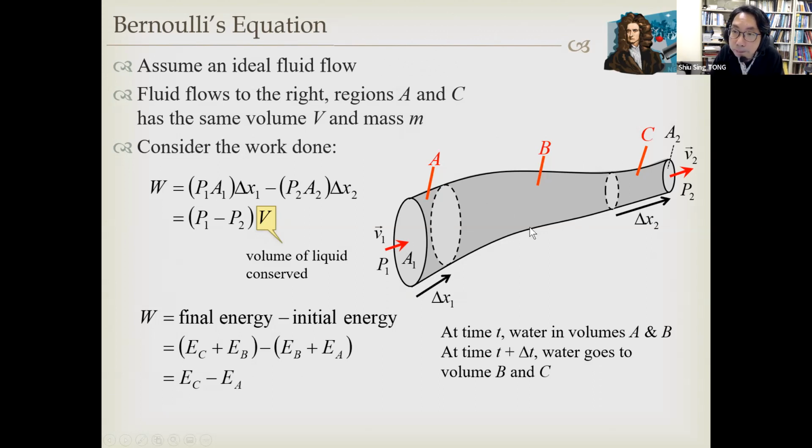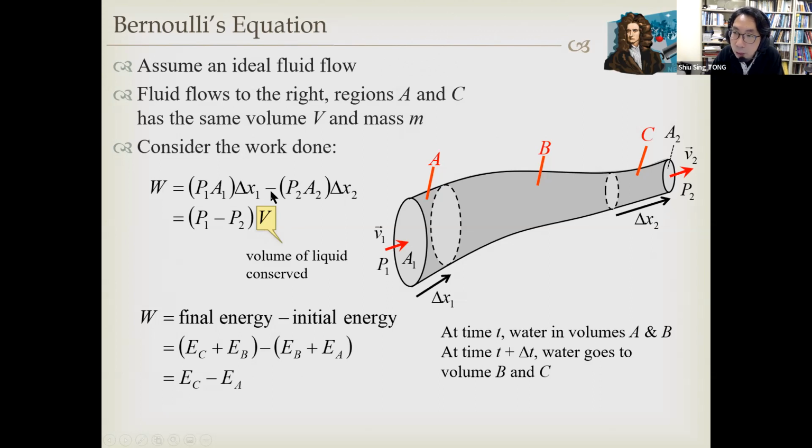Now on the other side, we also have another pressure, right? This pressure is P2, and the cross-sectional area on this side is A2. So the pressure force exerted by the fluid outside is P2A2. Since it moves a certain distance, because the water flows out, the work done will be equal to negative P2A2 delta x2.